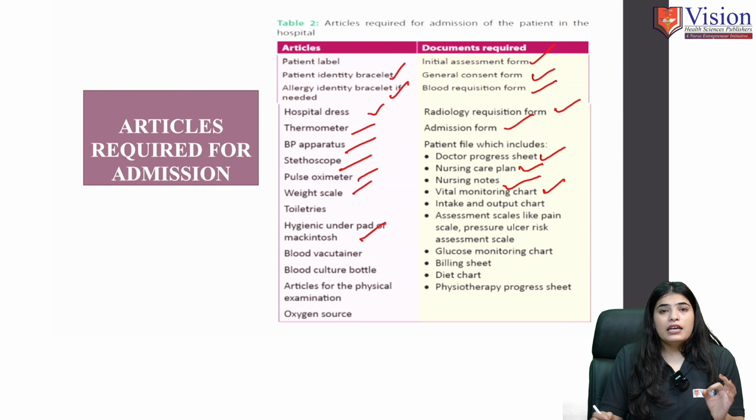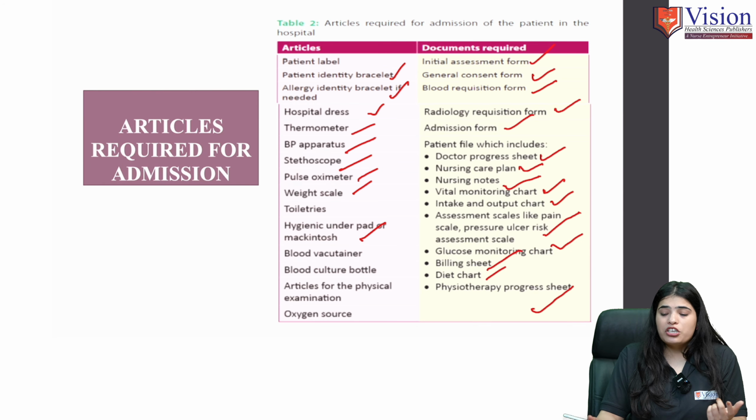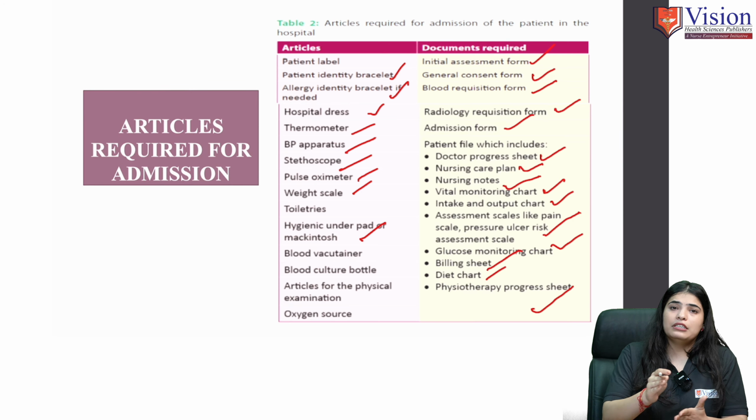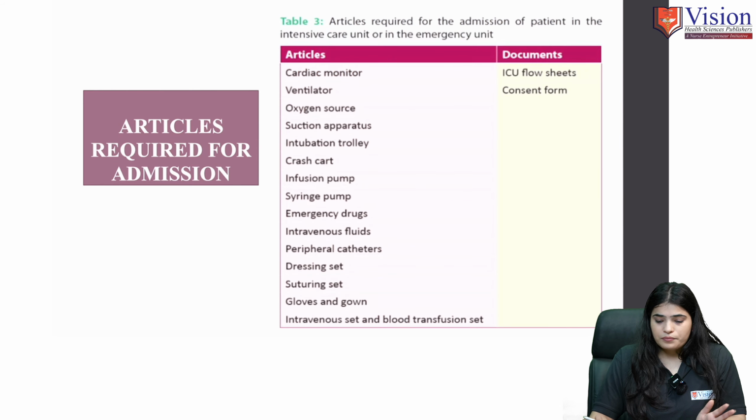An intake and output chart should also be there in the patient file. Assessment scales like pain rating scale, pressure ulcer scale and fall risk scale should be there. And after that, glucose monitoring chart, billing sheet, diet chart, and physiotherapy progress chart should be there as per the needs of the patient. So these are the articles and documents required at the time of admission.